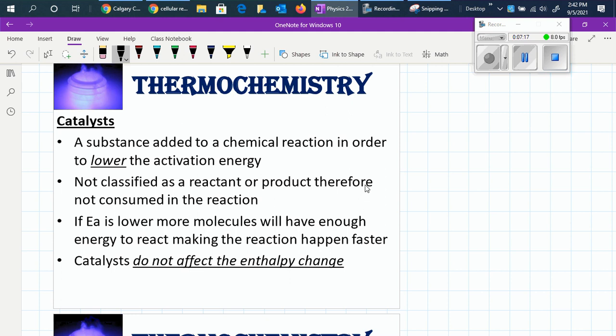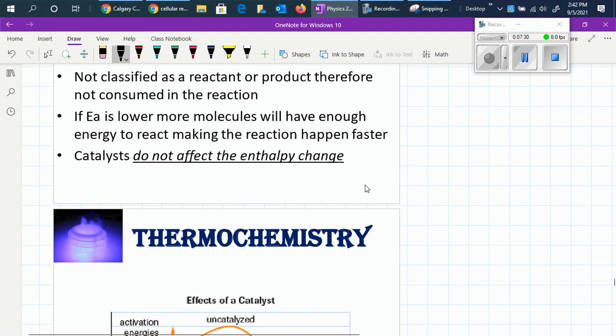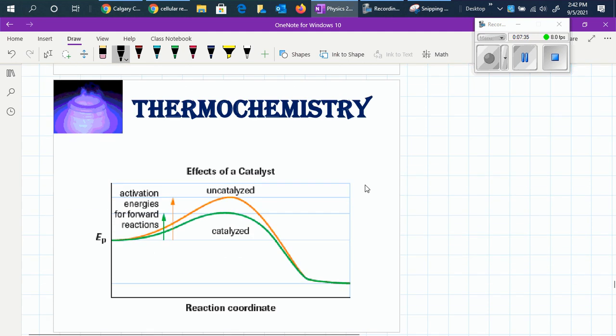If the activation energy is lower, then more molecules will have enough energy to react. And a catalyst, as I said, does not affect the enthalpy change because it is a spectator, it does nothing.